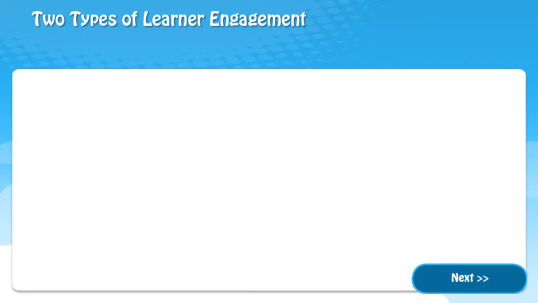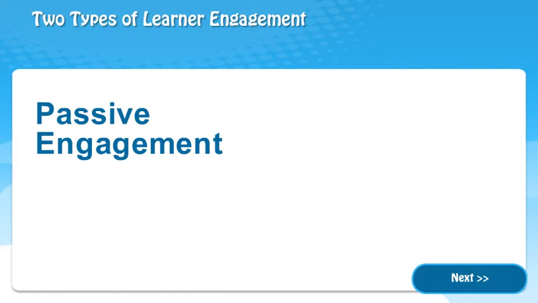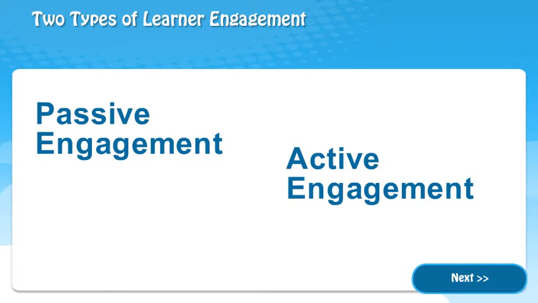When we're talking about interactive e-learning, we need to think about our purpose and our audience's purpose. There are two types of learner engagement, and both have their appropriate time and place. So far in this presentation, you've been involved in passive engagement. Passive engagement is about delivering timely and relevant information. On the other hand, active engagement is great because it allows the learner to immediately apply the information and understanding and get feedback.